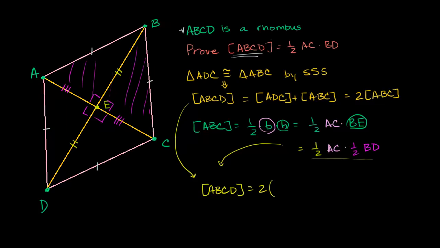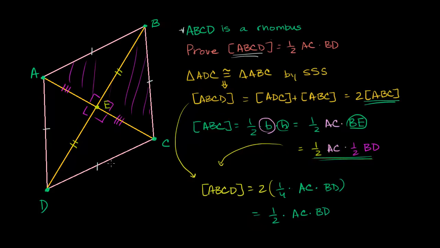So 1/2 times 1/2 is 1/4 times AC times BD. And then you see where this is going. 2 times 1/4 is 1/2 times AC times BD. Fairly straightforward, which is a neat result.